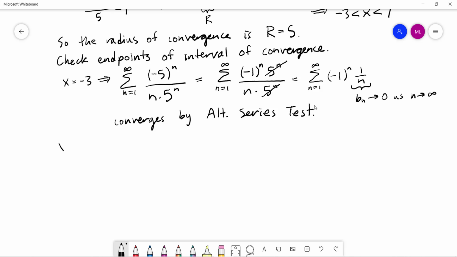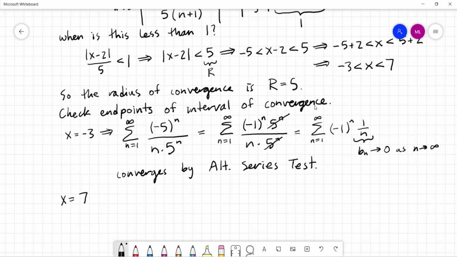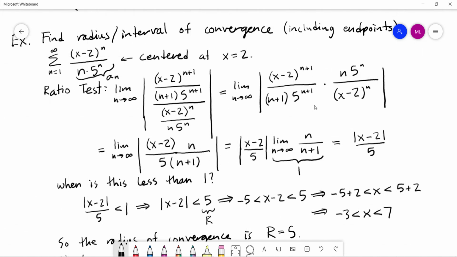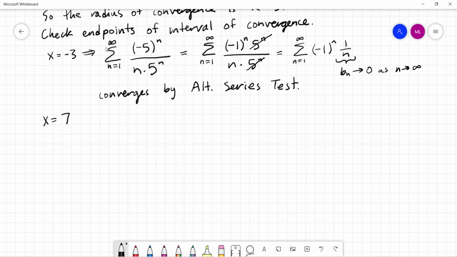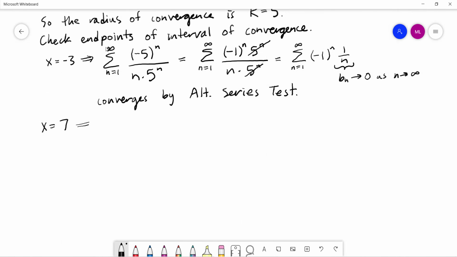What happens when we plug in x equals 7 instead? Going back to the original problem, now I'm plugging in 7 for this number. 7 minus 2 is going to be a positive 5 to the n in the numerator. So I'm going to get something very similar to what we started with, but it's not going to have the negative sign.